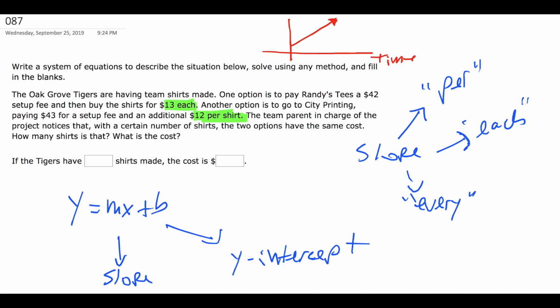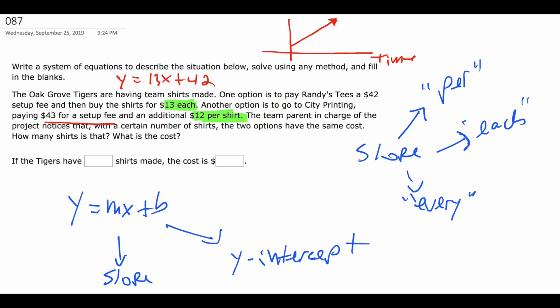So the first one you have your $42 flat fee and $13 each. So you have y equals 13x plus 42. And the other one is $43 setup fee, right?